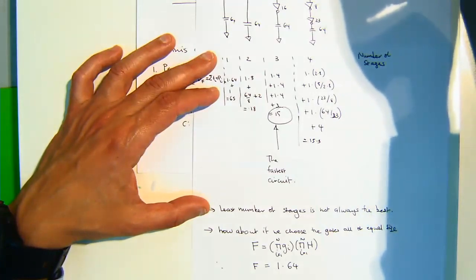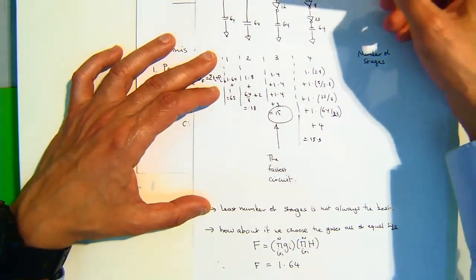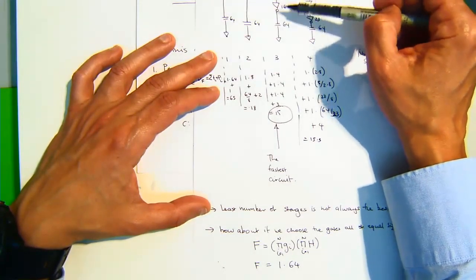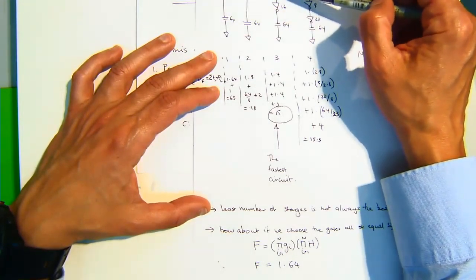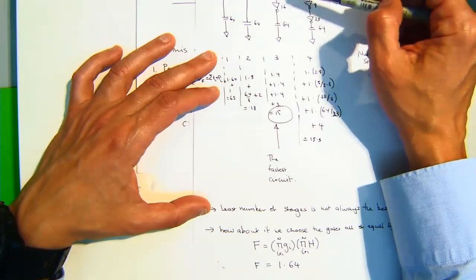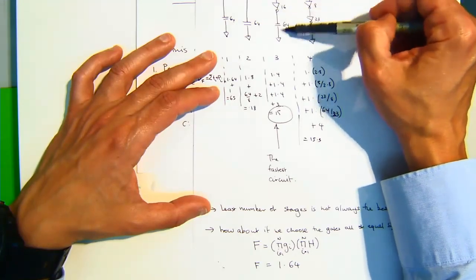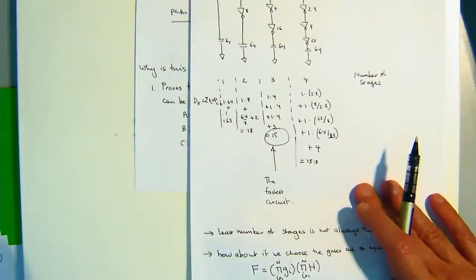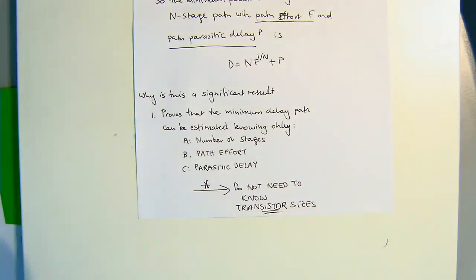Remember, g_i is 1, h_i is C out on C in, so it's 4, 4, 4. We'll do the calculations in the next couple of minutes, but the point is it's counterintuitive: sometimes adding extra stages actually makes you go faster.